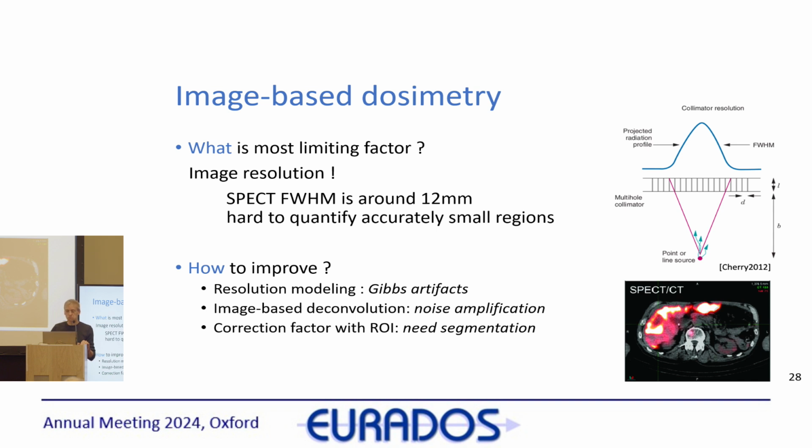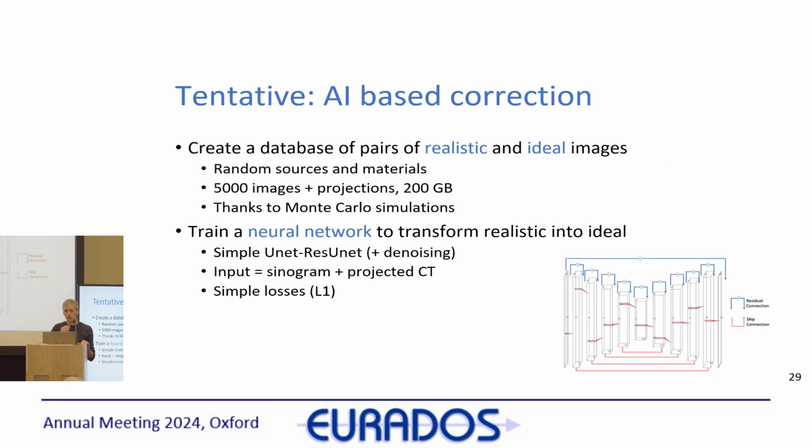So in the group, we started some tentative studies to see if AI can enhance these images. We created a database of pairs of images by simulation. We simulate conventional realistic images with GATE, with conventional collimators, with noise in the images and a very bad PSF.